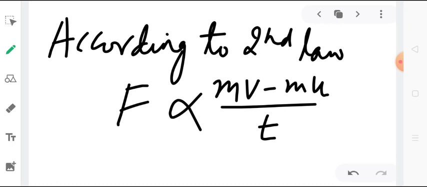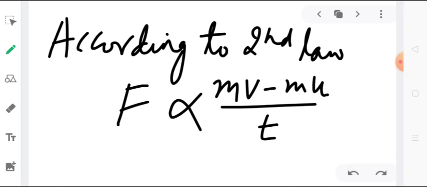That's why both are having similar sign. If the direction would have been opposite, we would have put a negative sign. But since the law says that the rate of change in momentum takes place in the direction of force, this would be the expression.